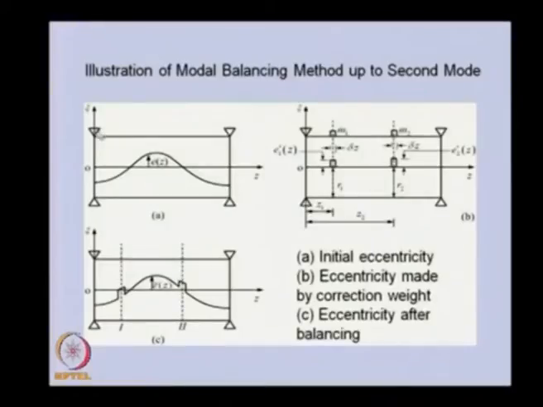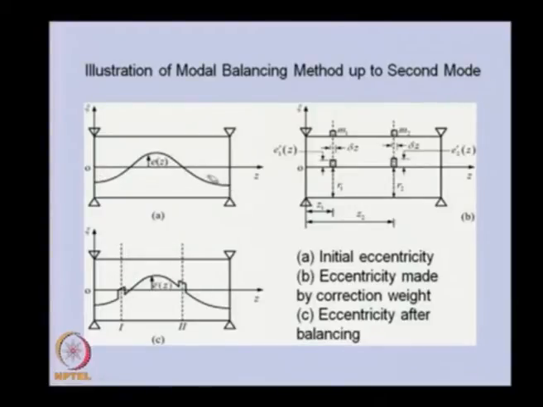So we have a shaft which is basically a continuous shaft, and this is a flexible shaft. That means we will be operating the rotor up to around the second critical speed. This is the variation of the eccentricity, which is continuously varying along the shaft, and we don't know what the variation is.